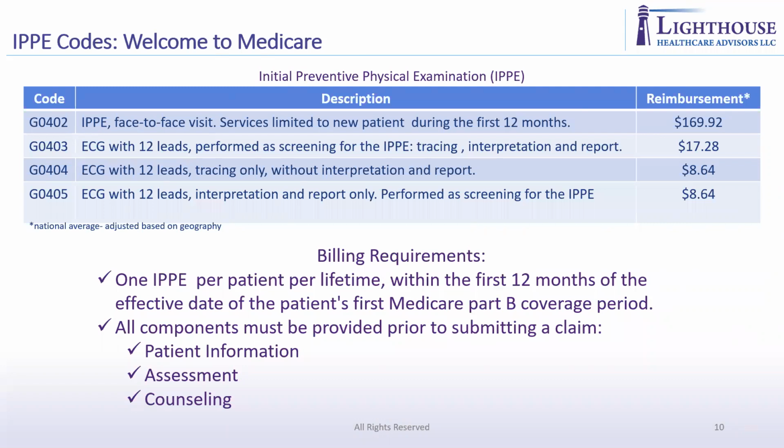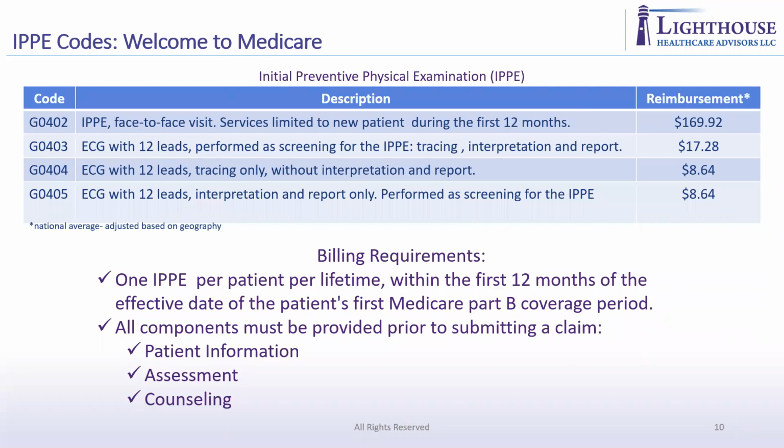Some other codes that may be associated with this initial wellness visit include an ECG. So you can see G0403 through G0405 are ECG codes that include various additional services, interpretation and reporting that can be billed in addition to the annual wellness visit code.